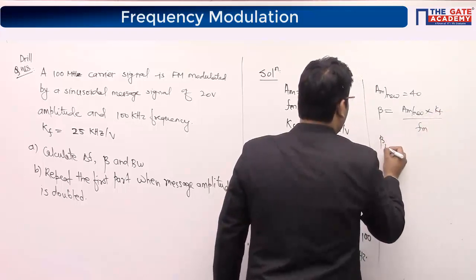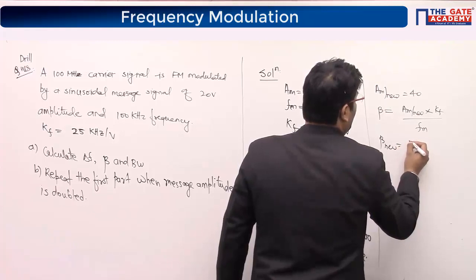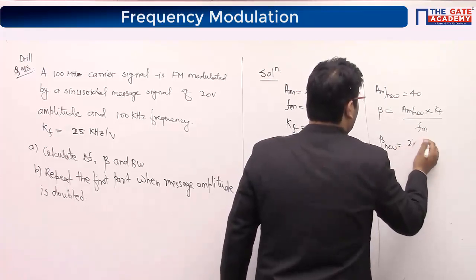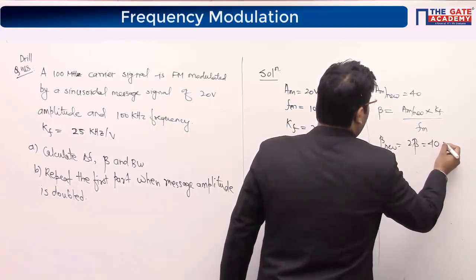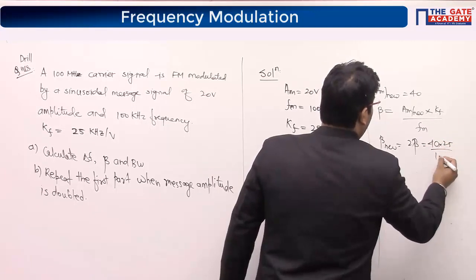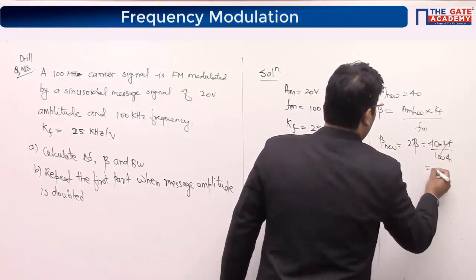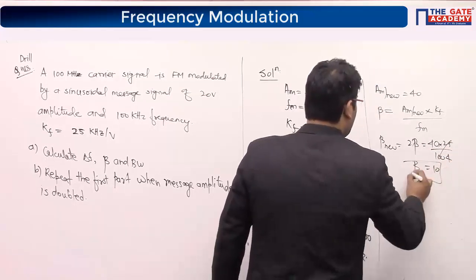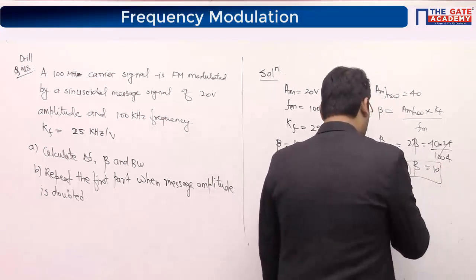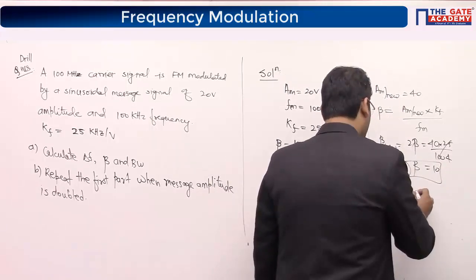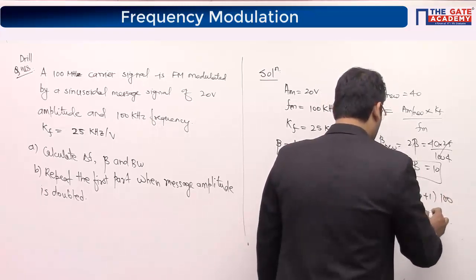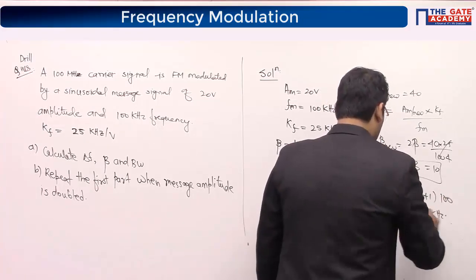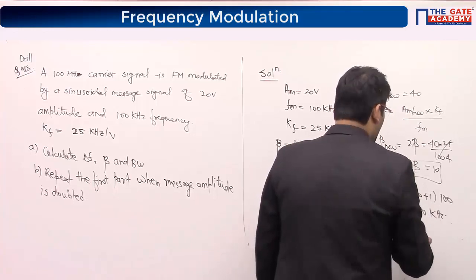So actually the new beta will be double the old beta, twice beta, or you can also see here 40 into 25 divided by 100, so it is 10. So new beta is 10, which I think a lot of people got. New bandwidth will be 2 into 11 into 100, so 2200 kilohertz, and delta F will also change, it will become 1000.